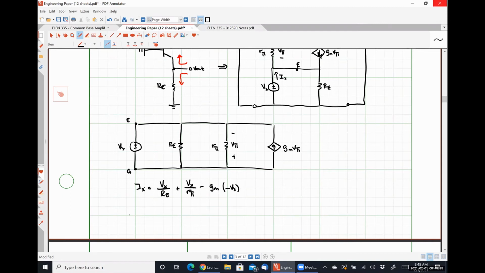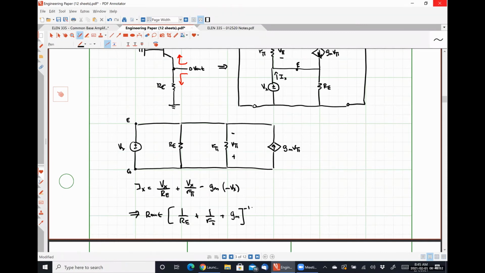And then from this, my output resistance is simply 1 over Re plus 1 over R pi plus gm, all to the -1 power.